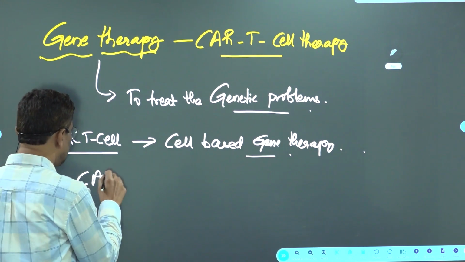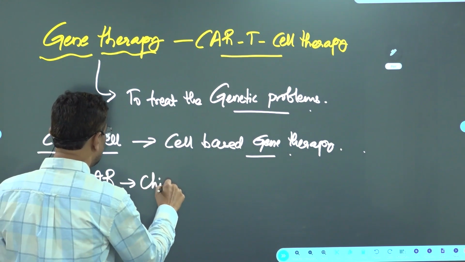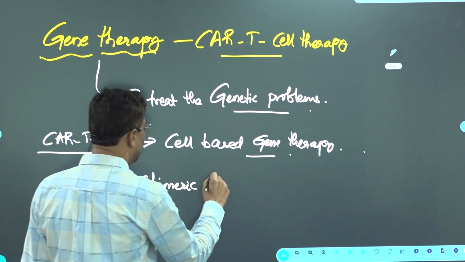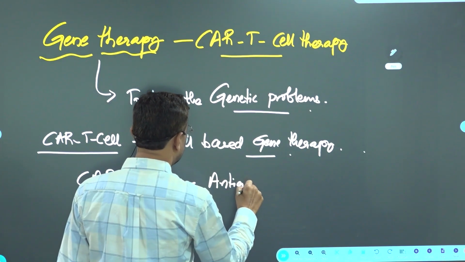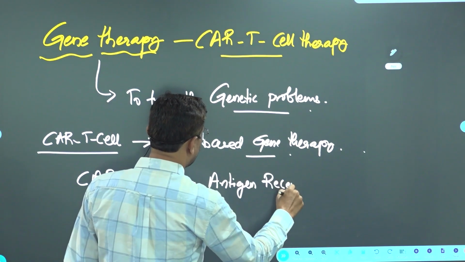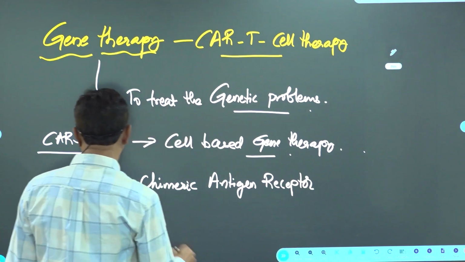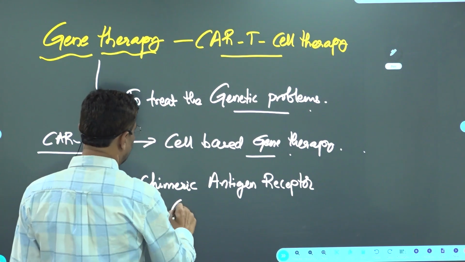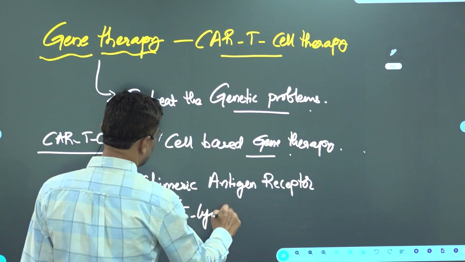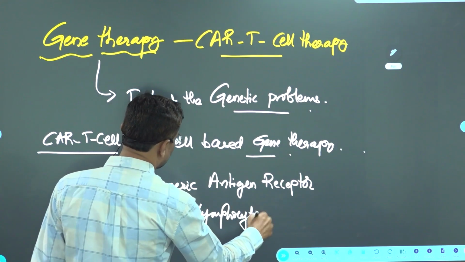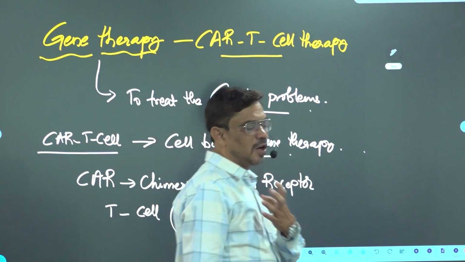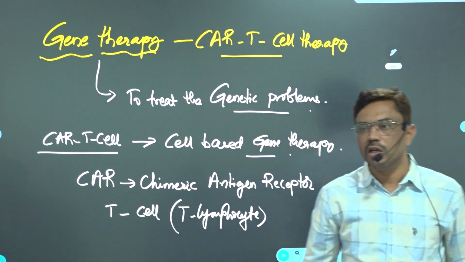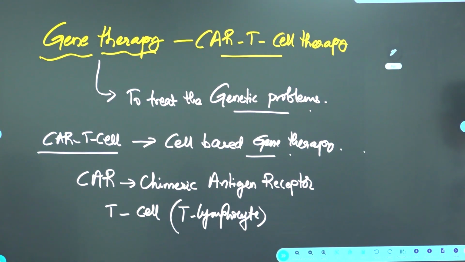Here CAR represents chimeric antigen receptor T cell therapy. T cell means T lymphocyte. Scientists from the US have developed a new gene therapy, called CAR T cell therapy, chimeric antigen receptor T cell therapy.